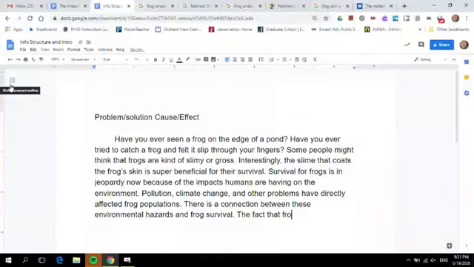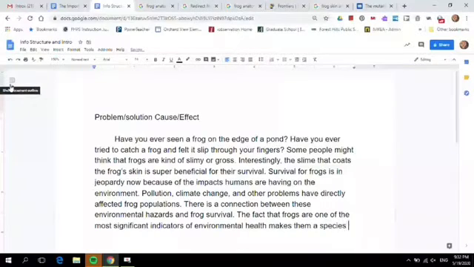The fact that frogs are one of the most significant indicators of environmental health makes them a species worth looking at more closely.